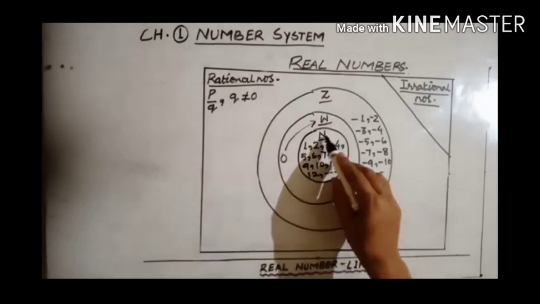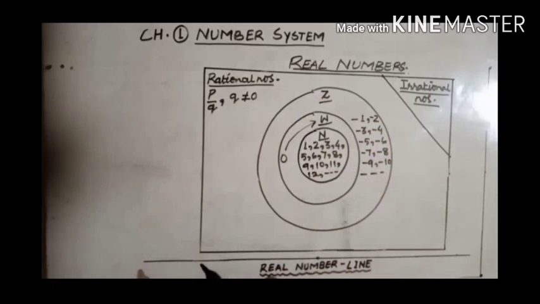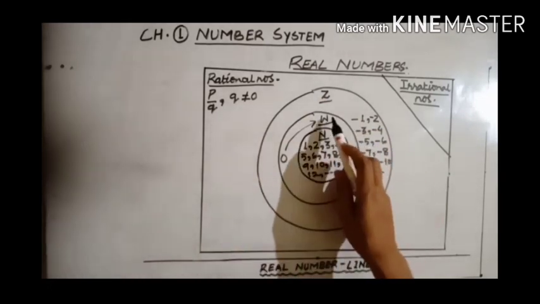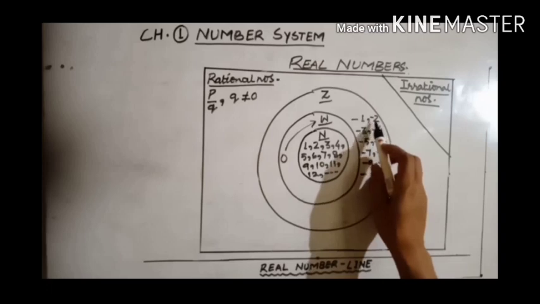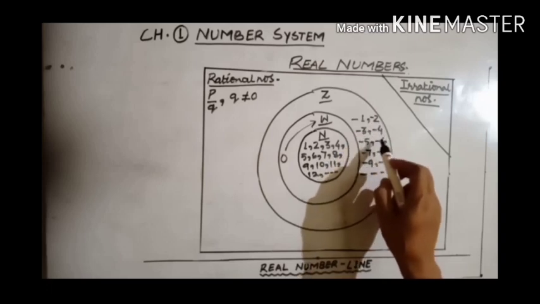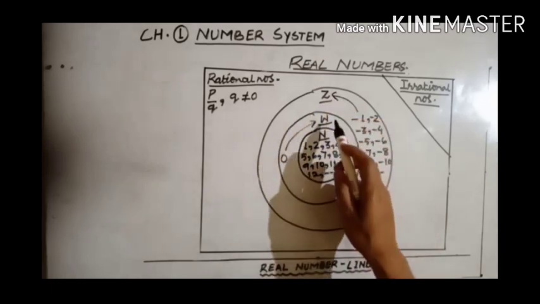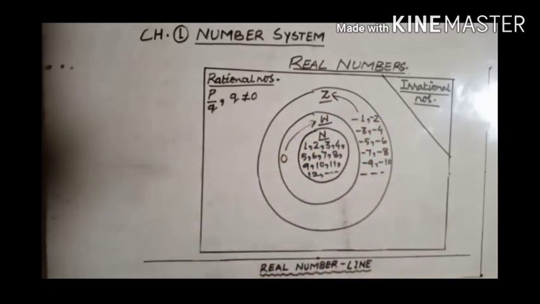Similarly, all natural numbers and whole numbers are integers, but all integers need not be whole numbers or natural numbers. Like -1, -2, -3, -4, -5, -6, these all are integers, but neither whole numbers nor natural numbers.